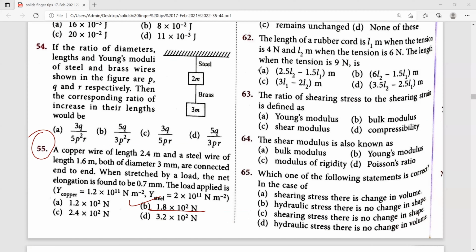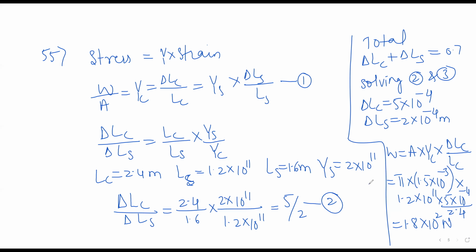Okay, someone is asking to repeat this one. So for the 55th one, we are using the formula stress is equal to Young's modulus into strain. If you remember the notations, it is easy to understand. First, W by A is equal to Young's modulus of copper into delta LC divided by LC, the original length of copper.